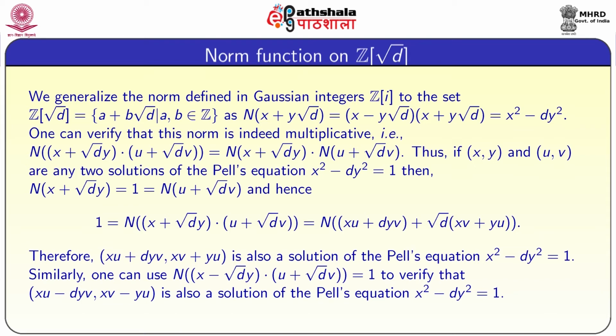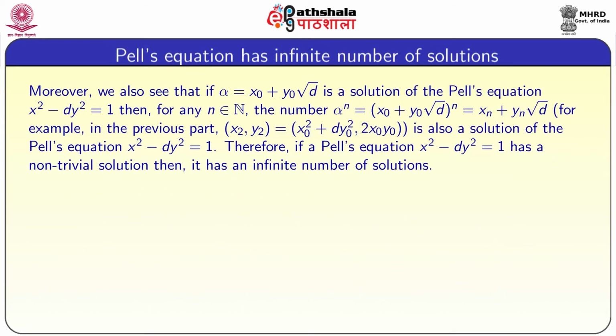Similarly, one can use the norm of (x minus root d y) into (u plus root d v) is equal to 1 to verify that (xu minus dyv, xv minus yu) is also a solution of the Pell's equation x square minus dy square equal to 1. So, Pell's equation has an infinite number of solutions. The previous slide was also showing the same, and we will show it now.